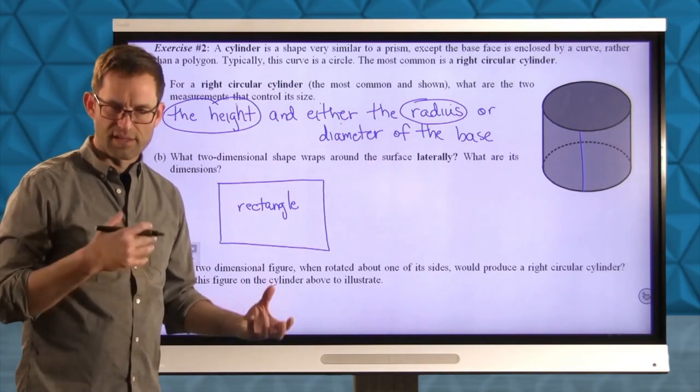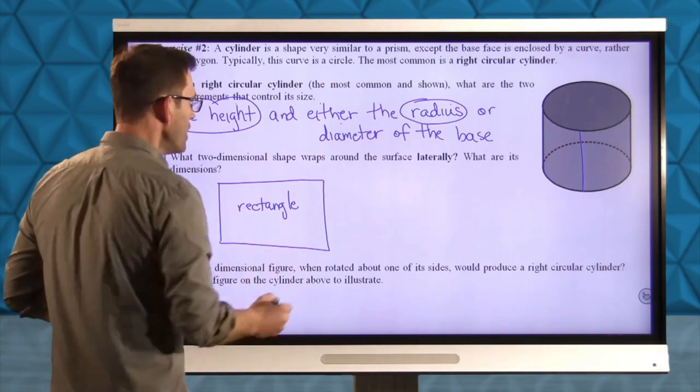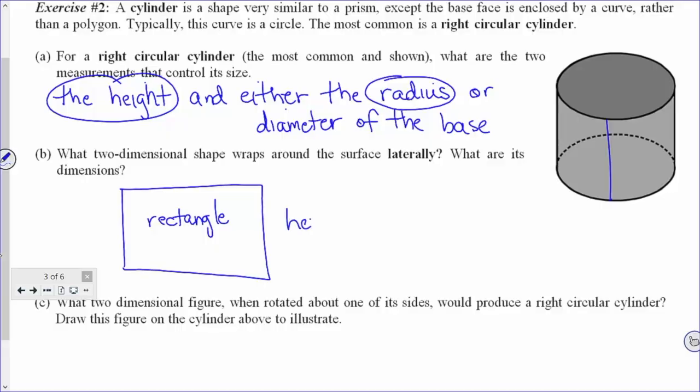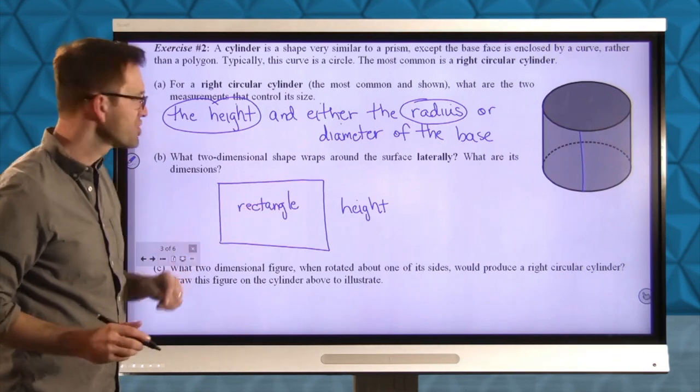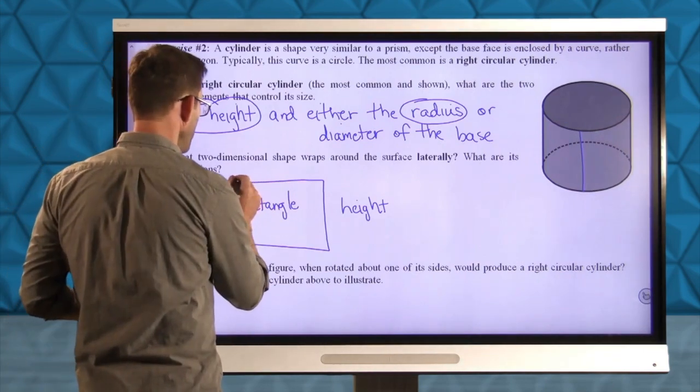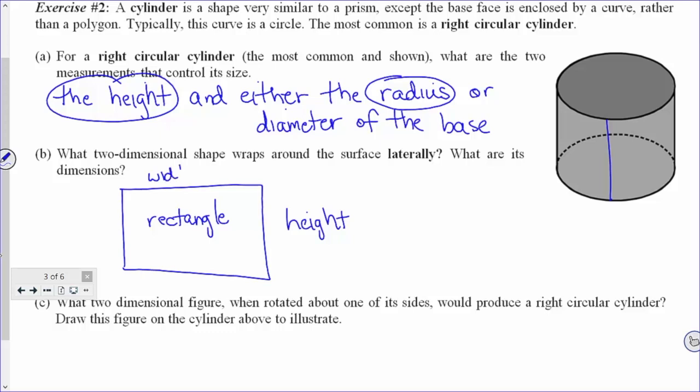Well, a rectangle normally has a width and a height. So you'd have a height, but then you'd also have the width of the rectangle. And what's really cool is the width of the rectangle would equal the circumference of the base, right?